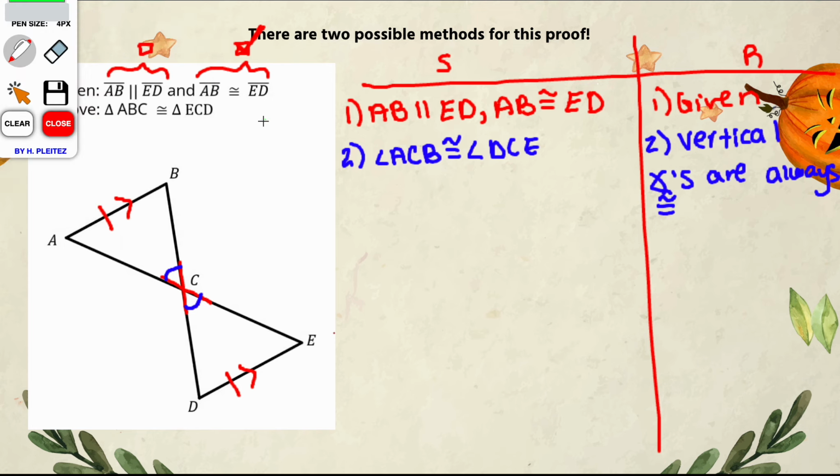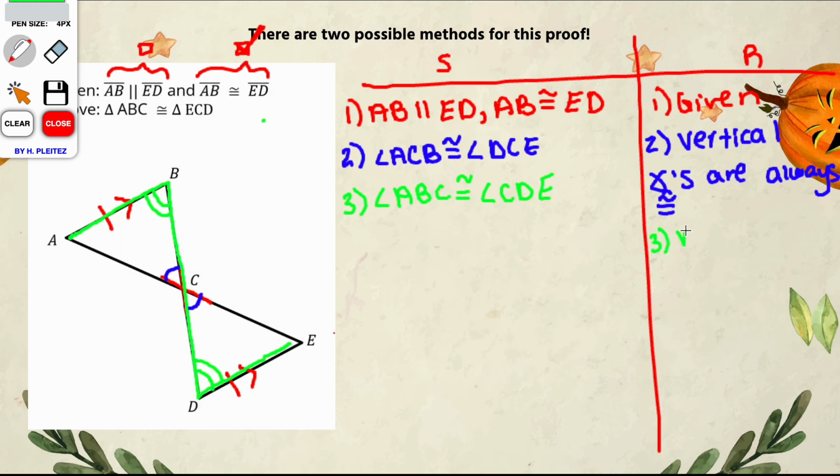All right, now let's attack this next part of the given. So we have that AB is parallel to ED. Whenever I see that, I'm looking for my alternate interior angles. I'm looking for my Z's. So I'm going to just do the first one that I see. There's my first Z in green, and you use the inner corners of your Z to identify your alternate interior angles. So I know that angle ABC is congruent to angle CDE, and I actually did something wrong here. We want to make sure we are differentiating with our number of arcs.